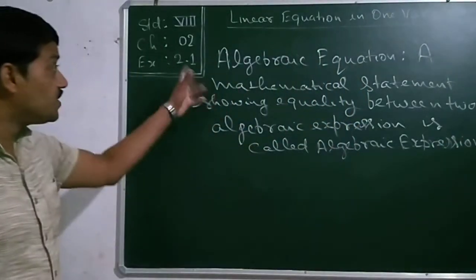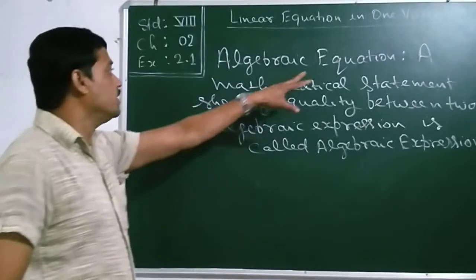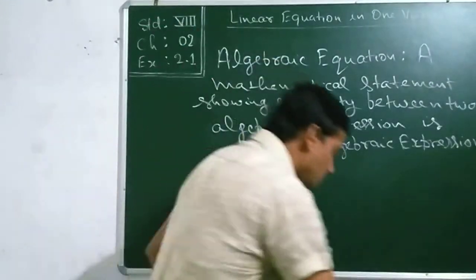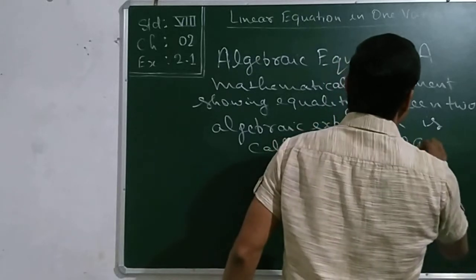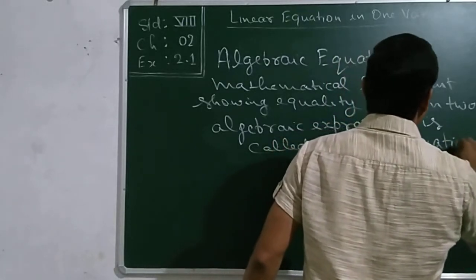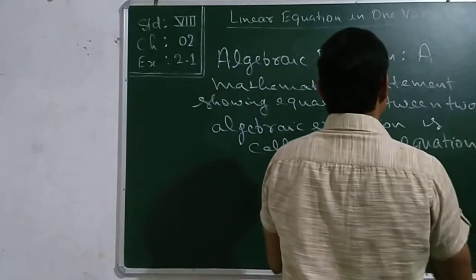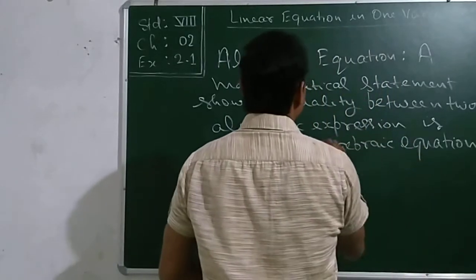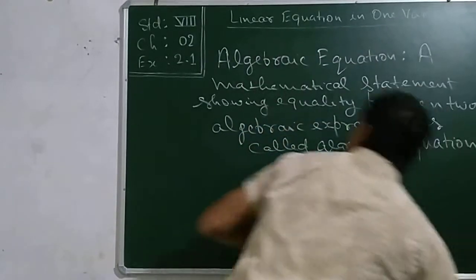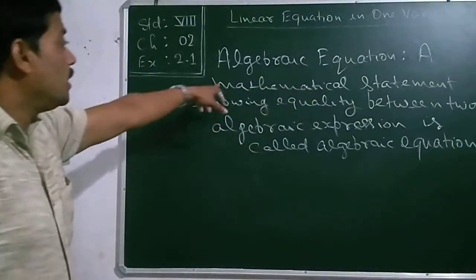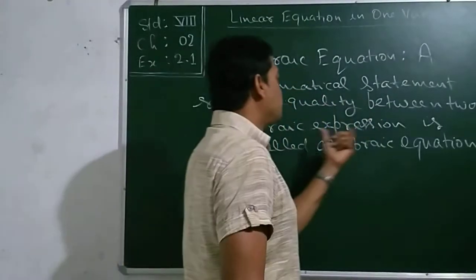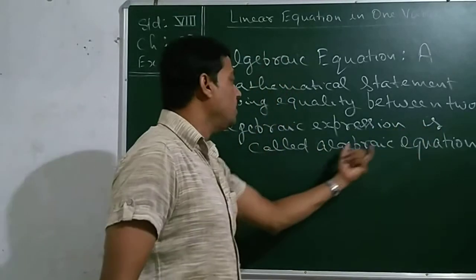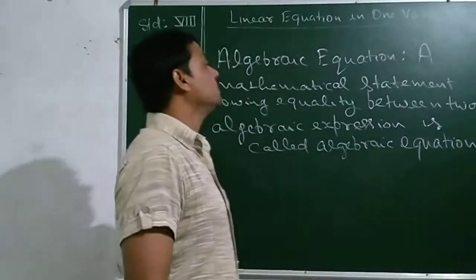I have written the definition here. Algebraic equation, not expression, equation. A mathematical statement showing equality between two algebraic expressions is called an algebraic equation.